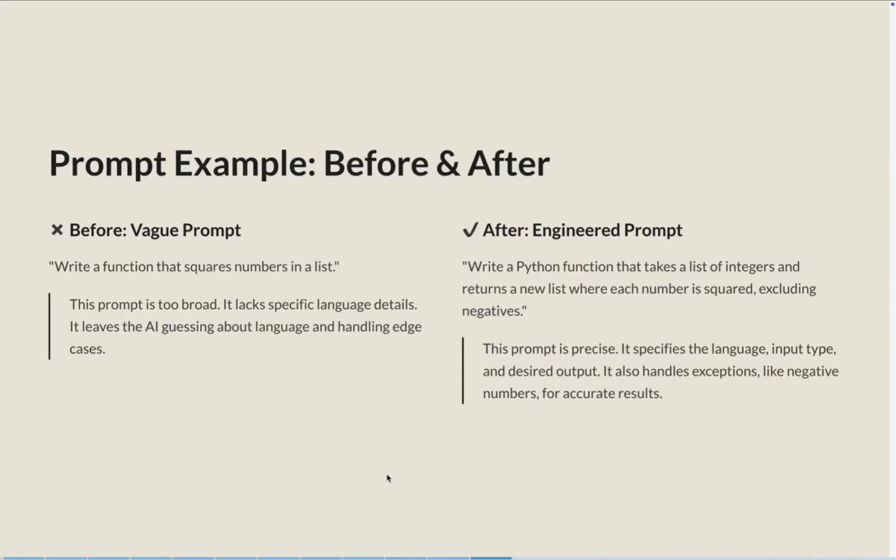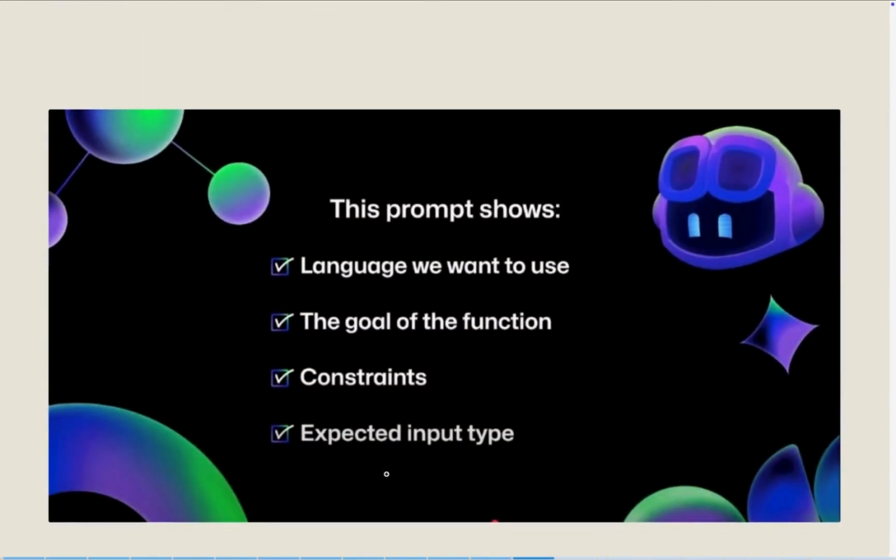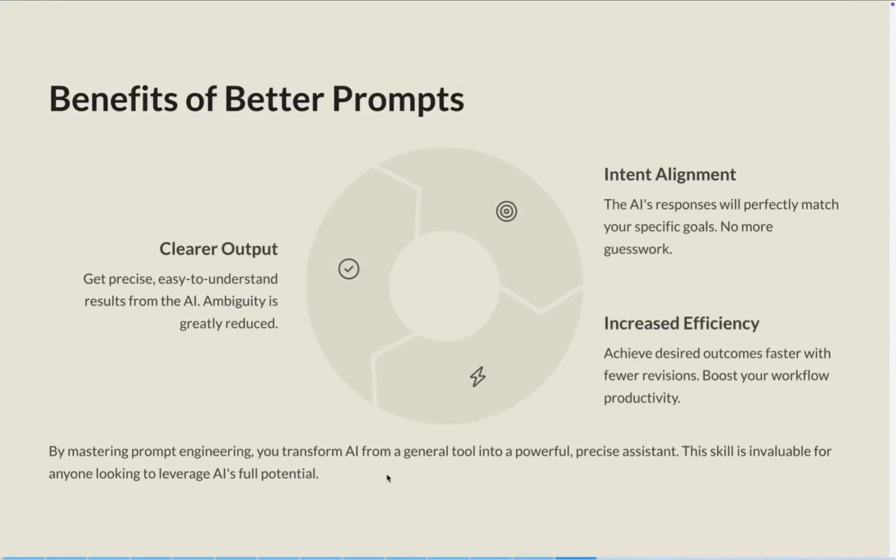Now it's specific, clear, and unambiguous, ensuring better results. Slide 10, Benefits of better prompts. Better prompts save you time, reduce confusion, and align the AI's output with your exact goals. By mastering this skill, you transform AI from a general-purpose assistant into a focused, powerful collaborator.